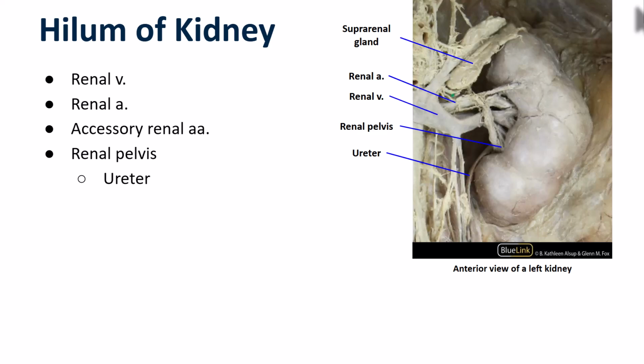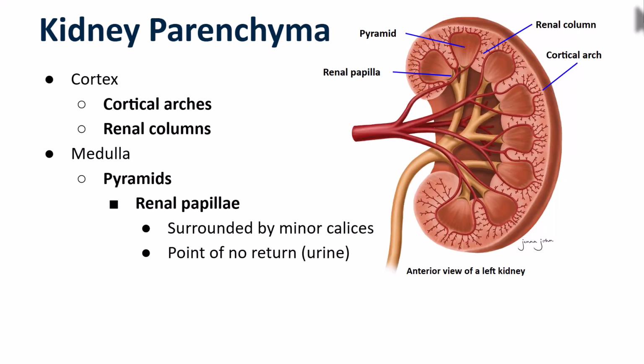Tucked away behind or posterior to the vein is the renal artery. Accessory renal arteries are very common in this area, as I've seen. And we can also see just the distal part of the renal pelvis as it makes its way into the ureter.